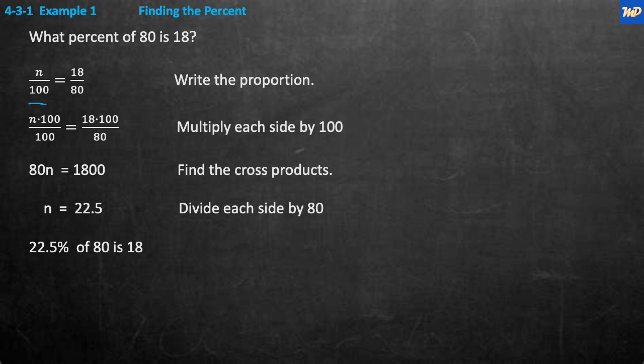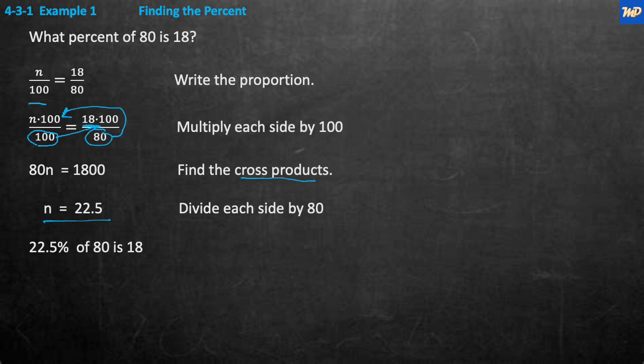This is the bit of the cross product, where you multiply the 100 on this side, and the 80 ends up going on this side. So you have 80n equals 1800. N then is equal to 22.5. You divide 80 into both sides and you get 22.5.